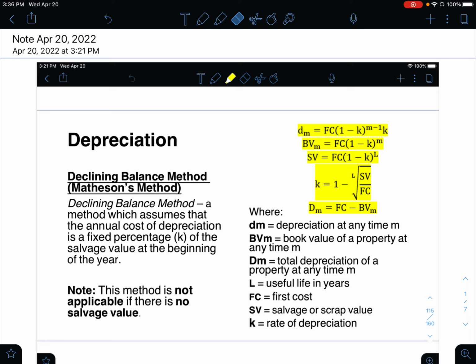So, ang formulas na gamiton nato for depreciation under the declining balance method are, kanang naka-highlight.